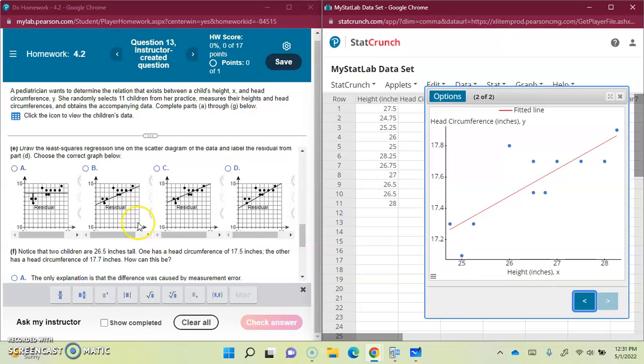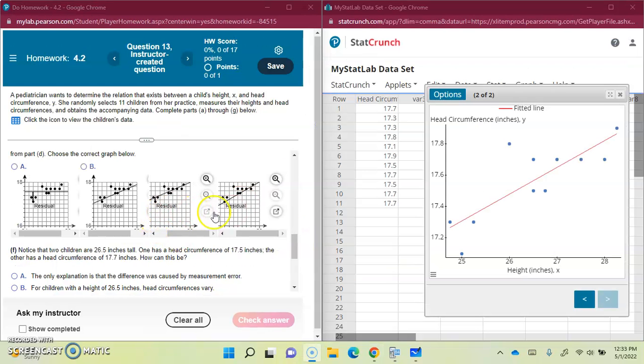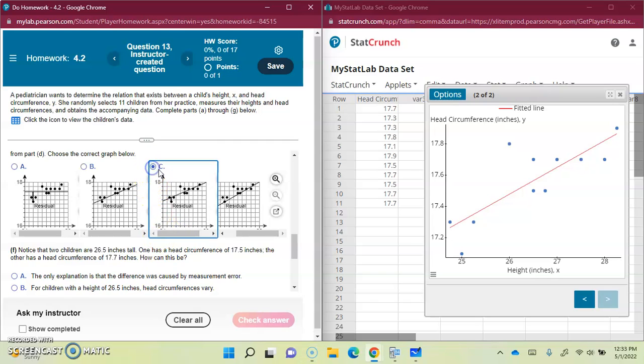It can be any of these, A, B, C, D, so you can make them bigger and compare each of them separately. And I think this is the answer. So I'm going to select C.